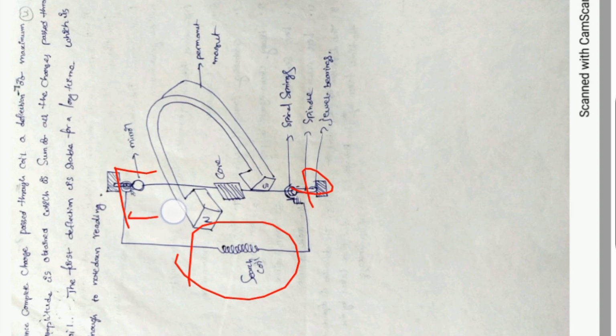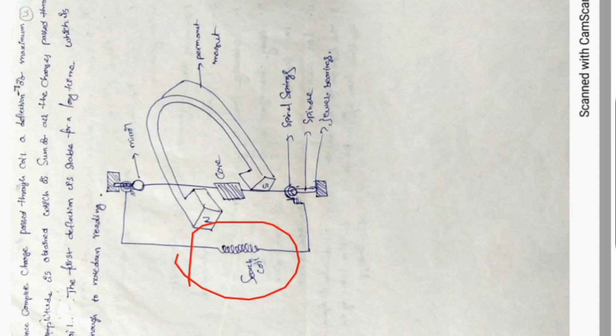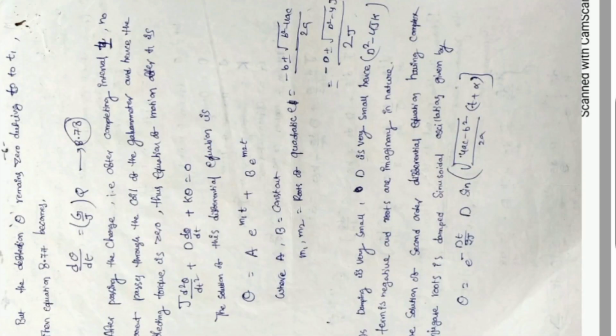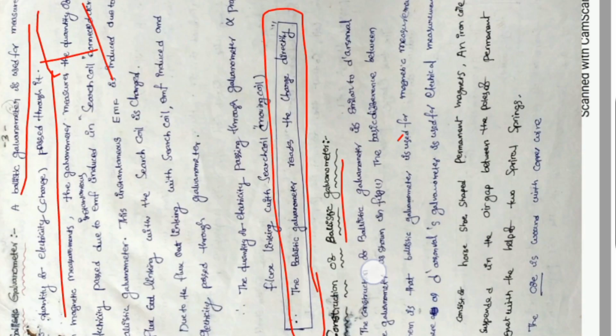The ballistic galvanometer we are using in bridges also. Small spiral springs we are using, spindle and jewel bearings. It is similar to PMMC except for the search coil.